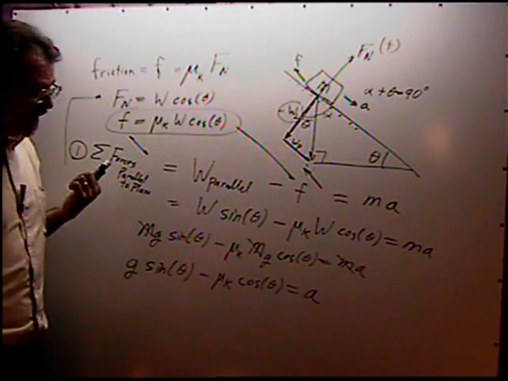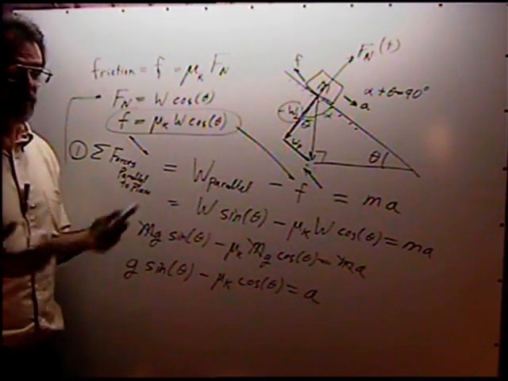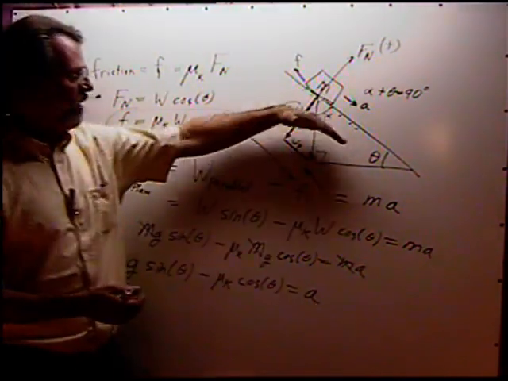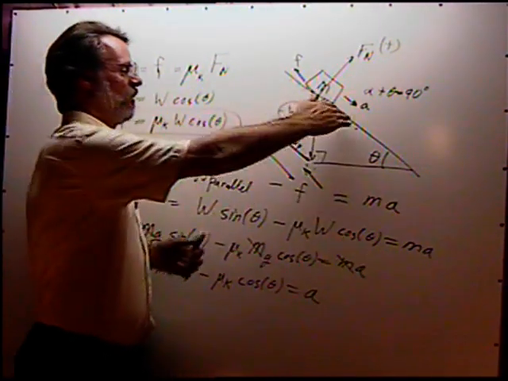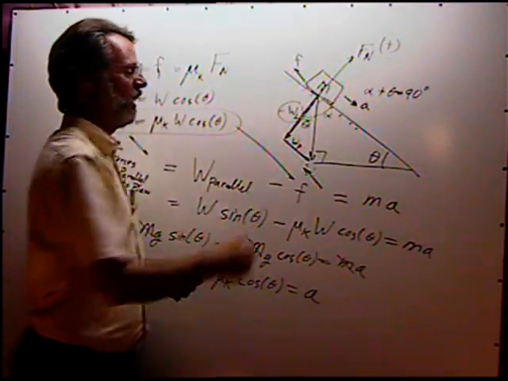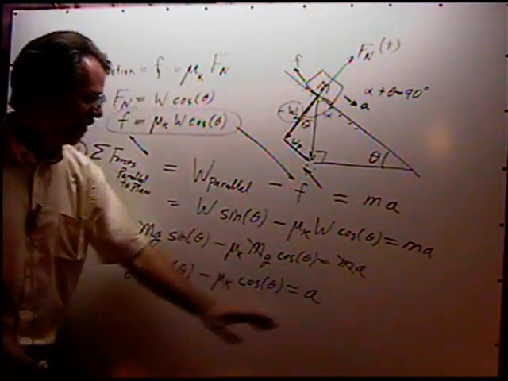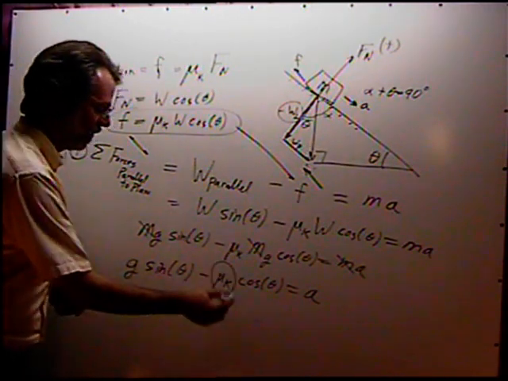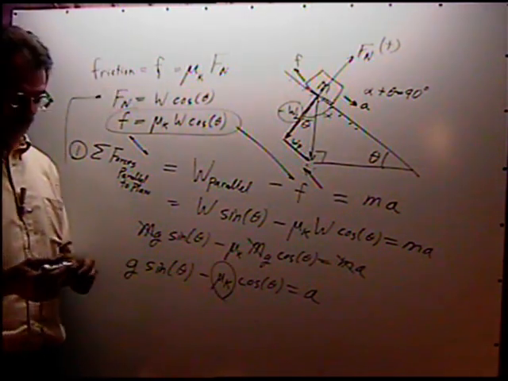You might even have a problem where you know what the acceleration is. You have a block set up on an inclined plane at a certain angle. You measure the acceleration. It would allow you to back calculate what this coefficient of friction is.